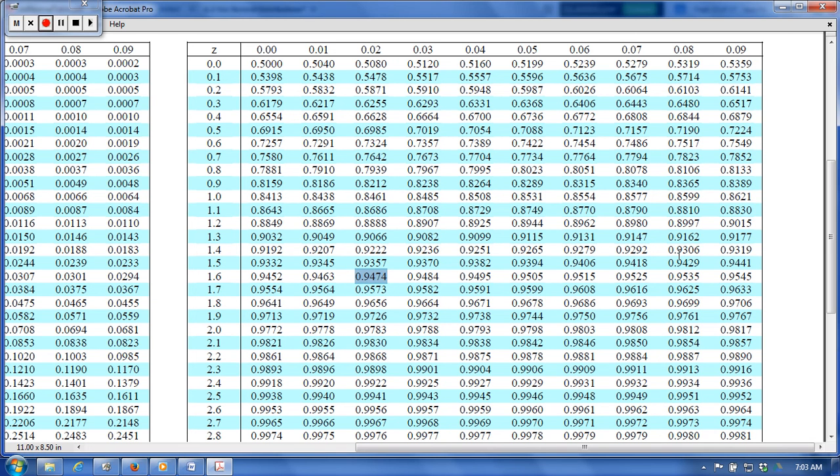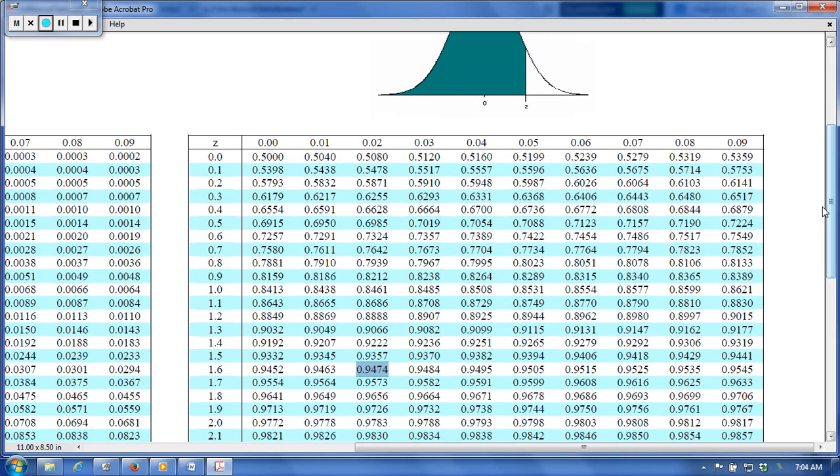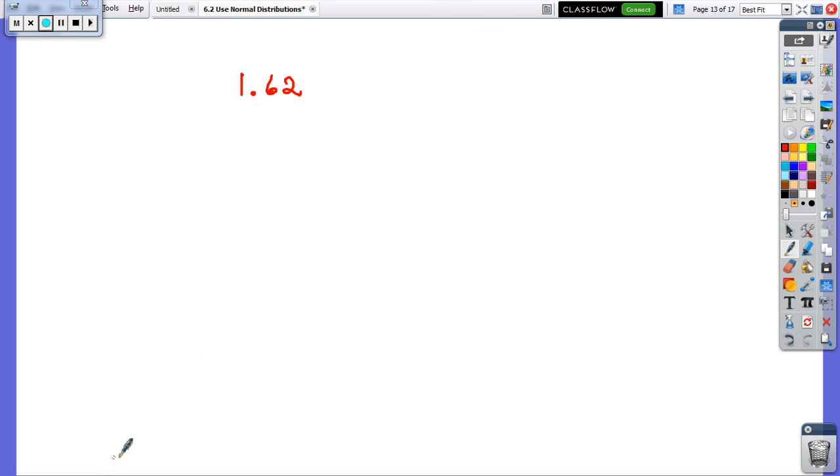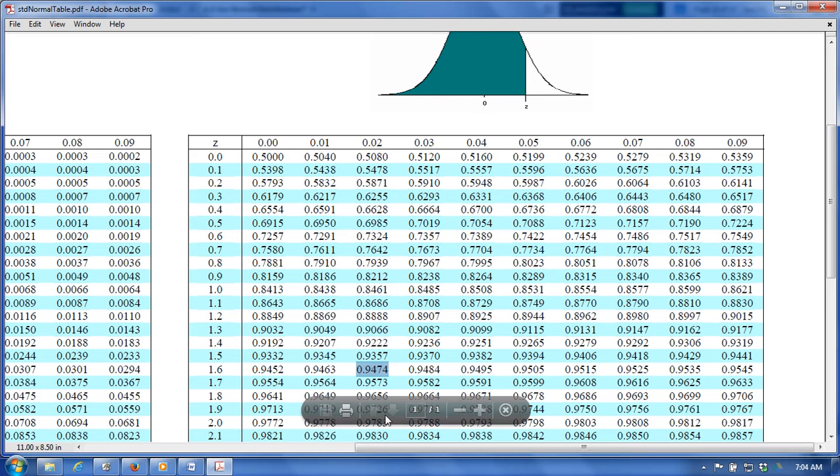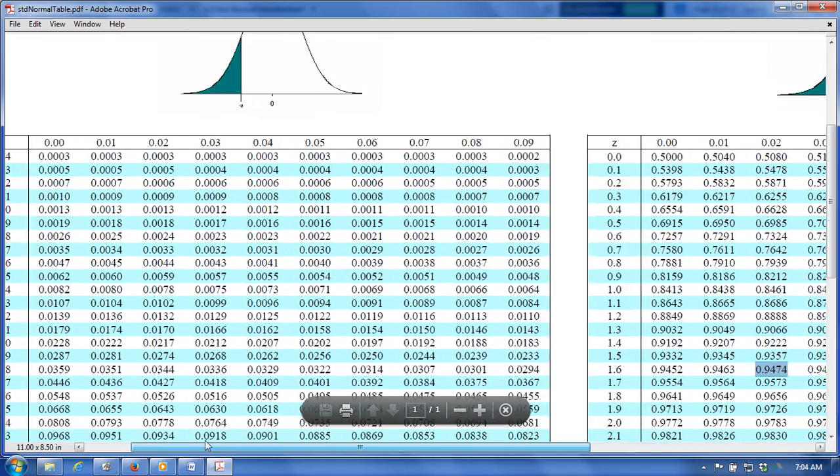All right. Let's say they gave me something like, let's look at the value 0.57. Let's do negative 0.57. Okay, well, I will go to my negative side.